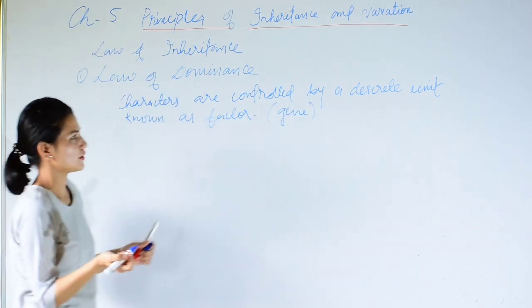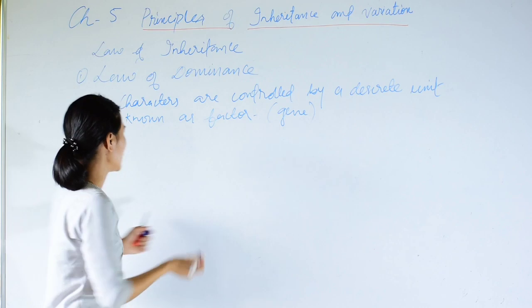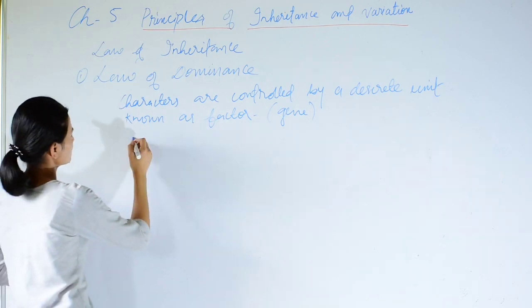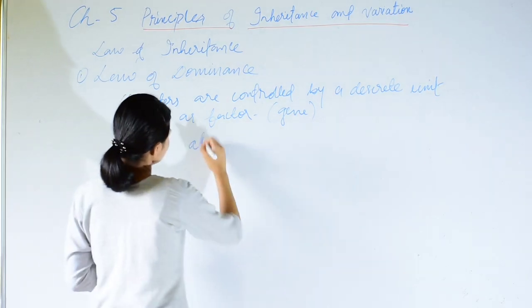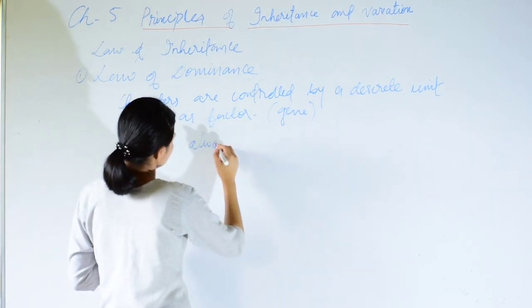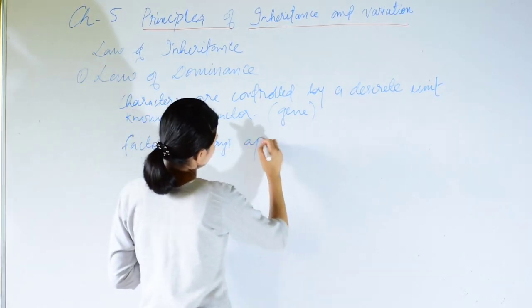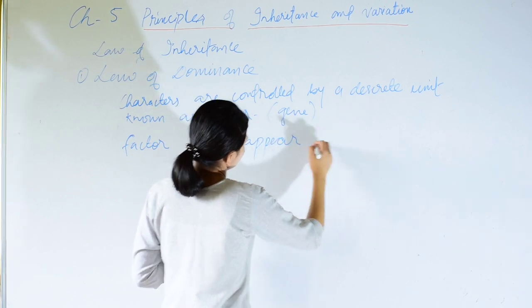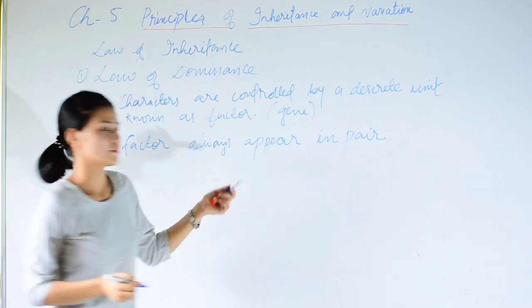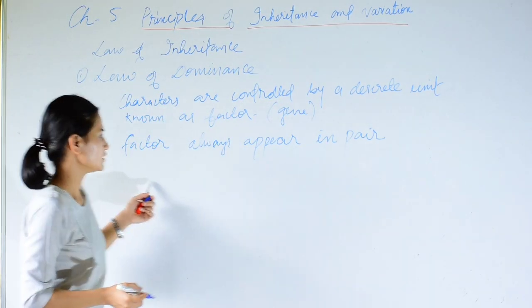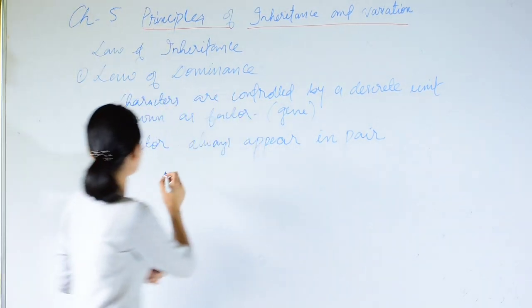Characters are controlled by a discrete unit known as factor. And the second point is, factors always appear in pair. Factor means the gene.